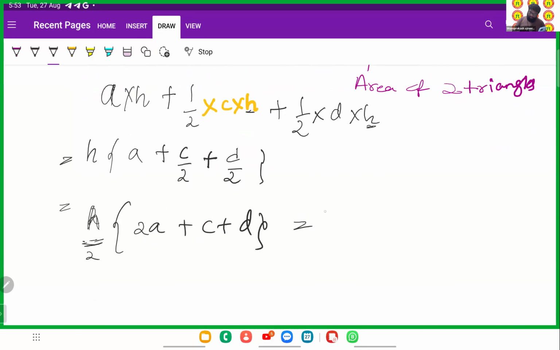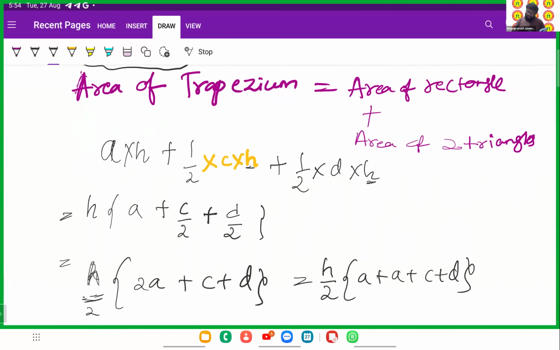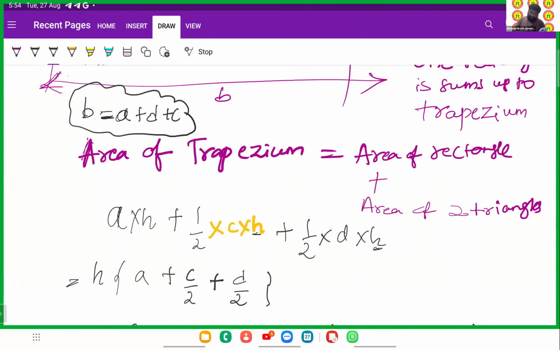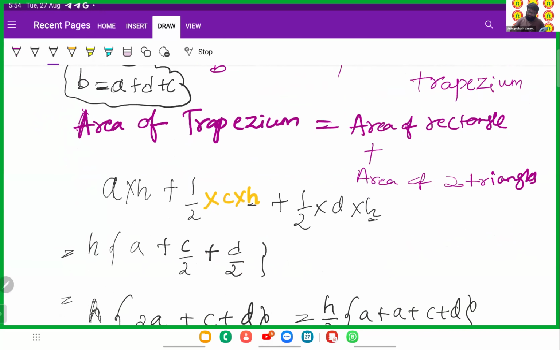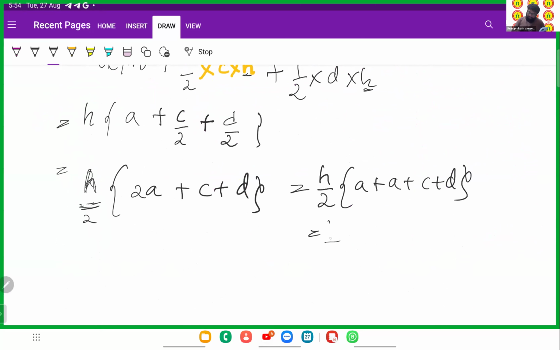That will be equal to H by 2 into A plus C plus D. Now, what is A plus C plus D? As I said, that is B. Yes or not? Yes, sir. So substituting, H by 2 into A plus C plus D is nothing but B.